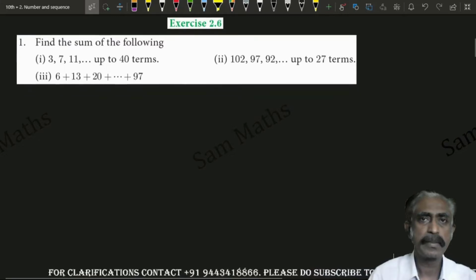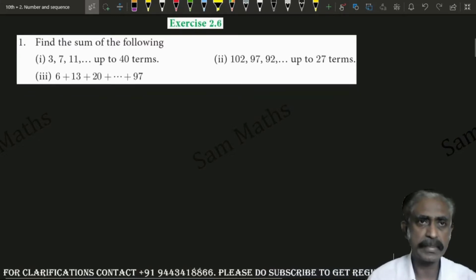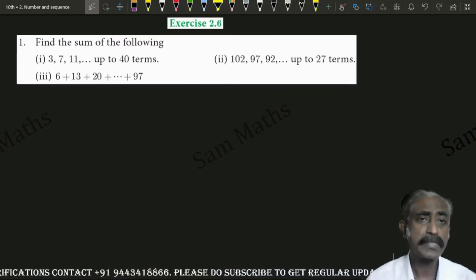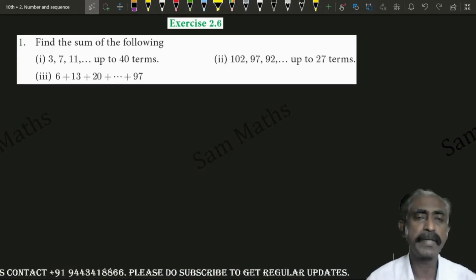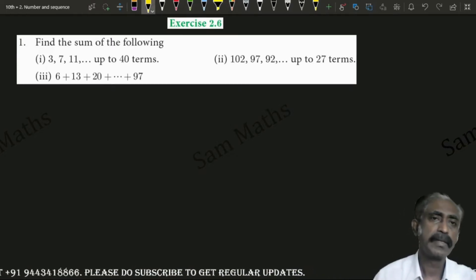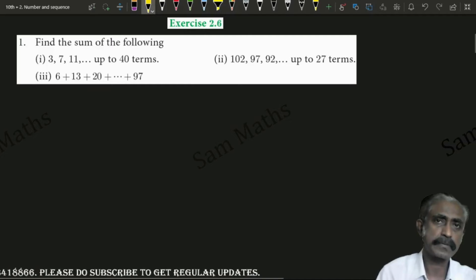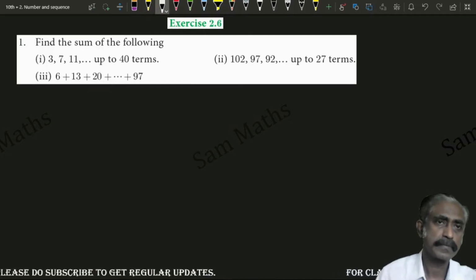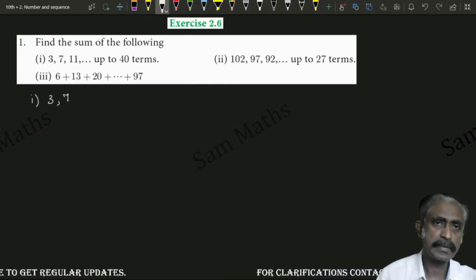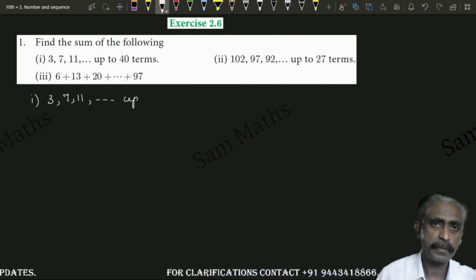Now we can do the problems. Here, exercise 2.6. First problem, find the sum of the following. First subdivision: 3, 7, 11, etc. up to 40 terms.